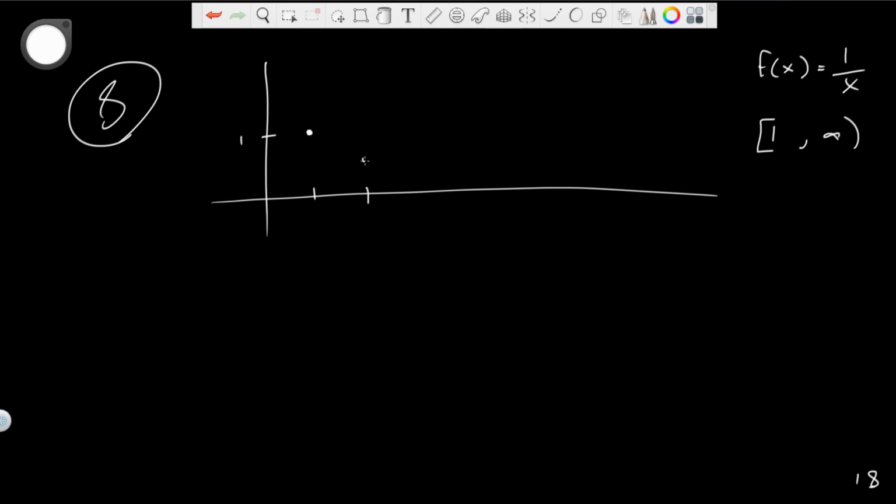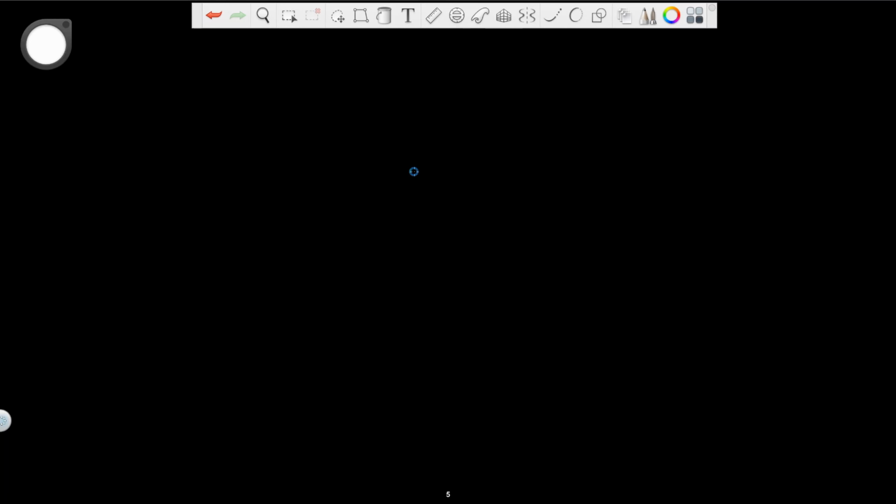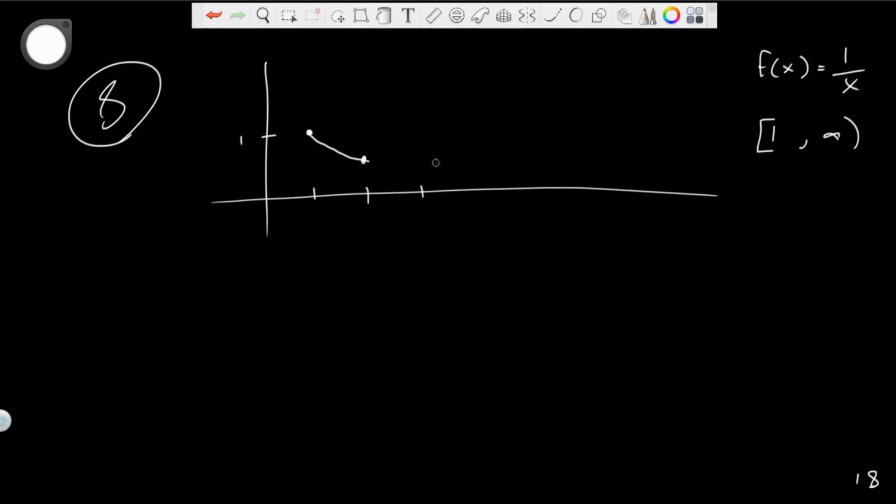And then at 2, it's going to be 1/2. At 3, it's going to be 1/3, and so on and so forth.